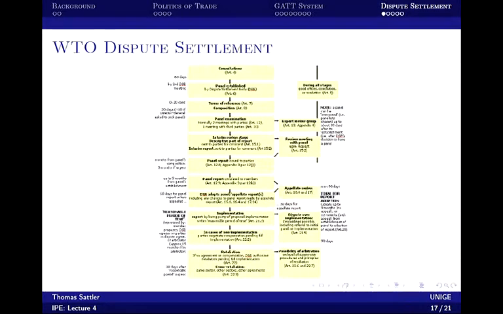And one important procedure is the so-called WTO dispute settlement mechanism. And how it works is that, suppose we have 2 countries. We have the EU and the United States.